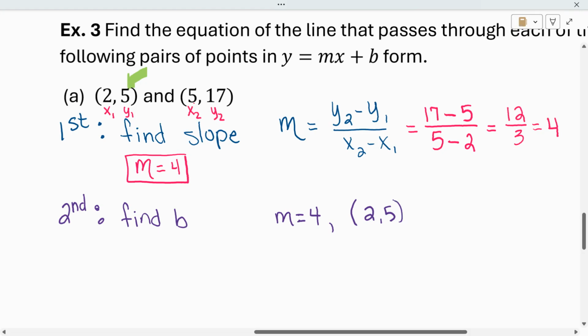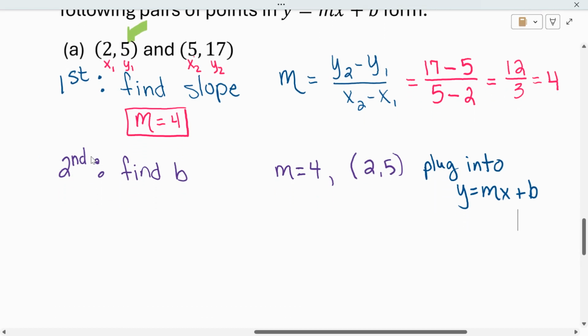What are we doing with this? Well, we're going to plug into y equals mx plus b because we have to solve for b. I'm going to label this ordered pair x comma y so I know what value represents y and what value represents x.